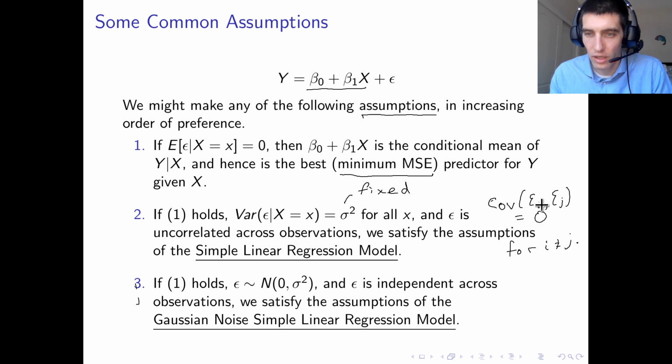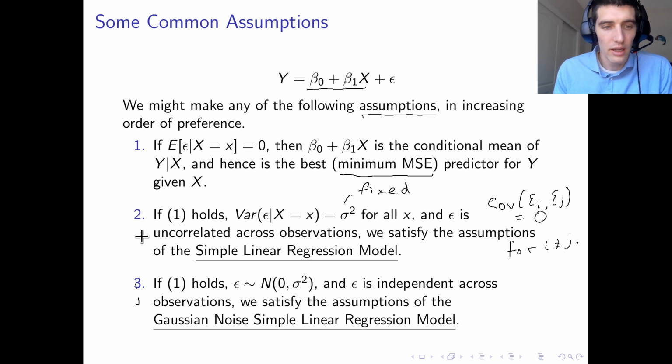Here i and j refer to two different observations. If you give me an x and a y, and you give me another x and another y, the epsilon terms that generated those are uncorrelated, meaning their correlation is 0. Equivalently, their covariance is 0. So this is the second assumption, sometimes called the constant variance assumption.